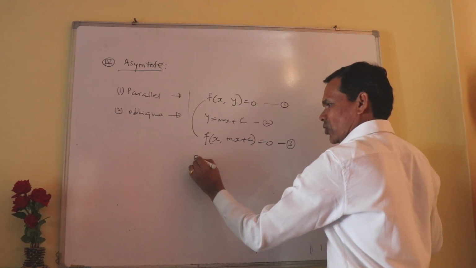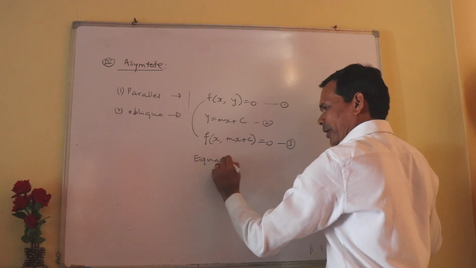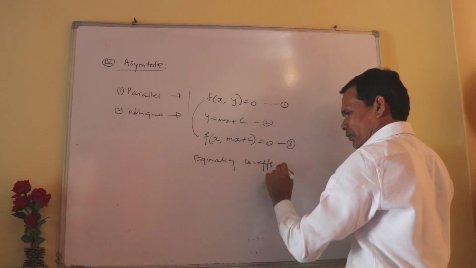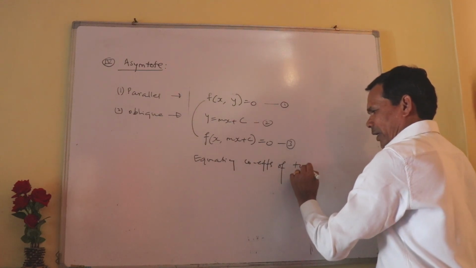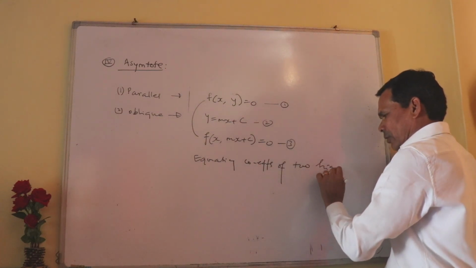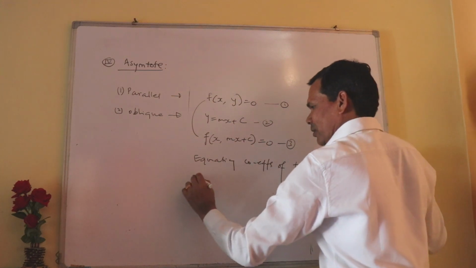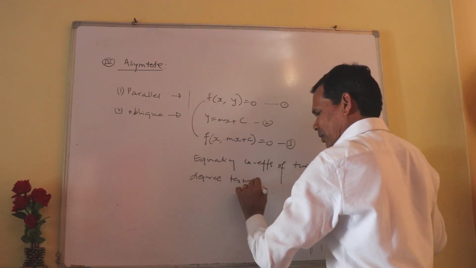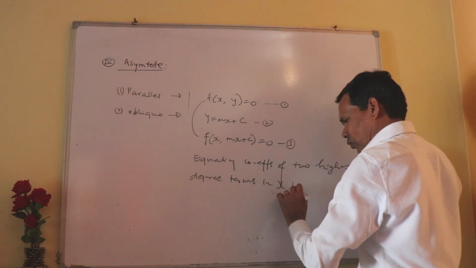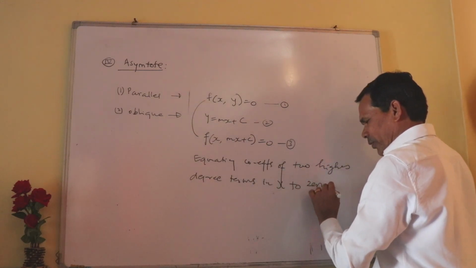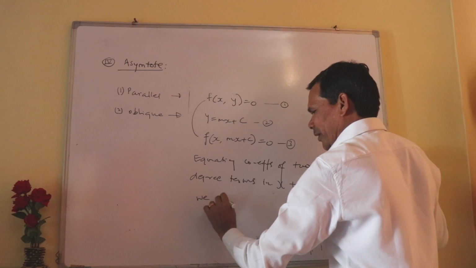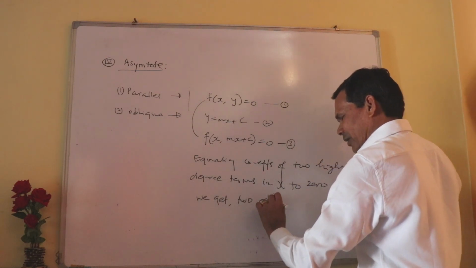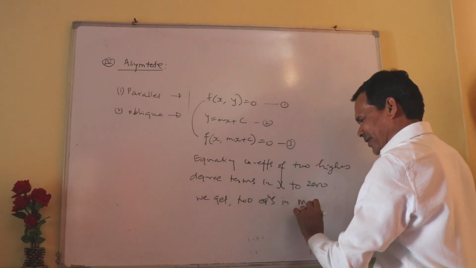Equating the coefficients of the two highest degree terms in x to 0, we get two equations in m and c.